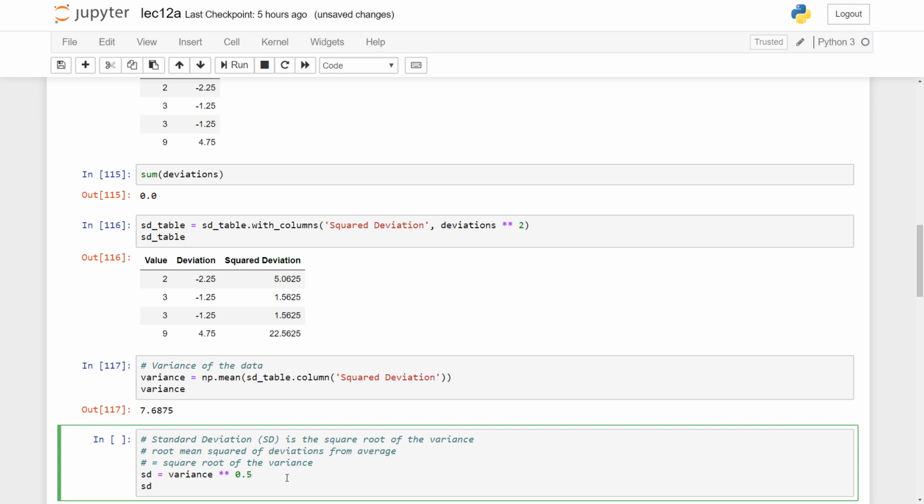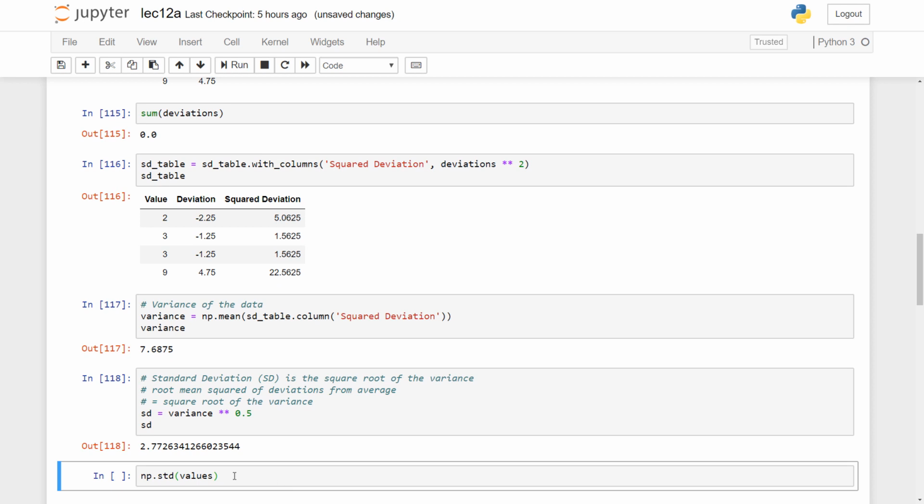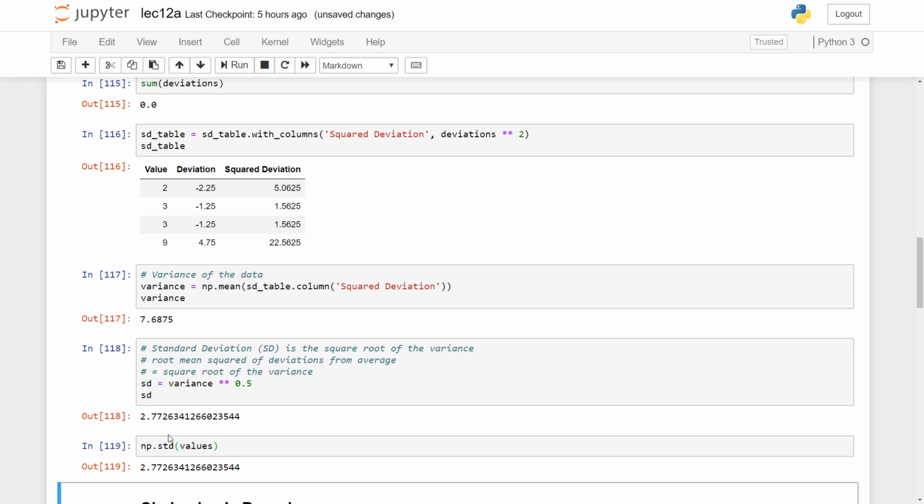So the standard deviation is the square root of the variance. That was just a demonstration of how the standard deviation is computed step by step. Of course, in the NumPy package, we can directly use the function std to get the standard deviation, which is the same as the one we just computed.